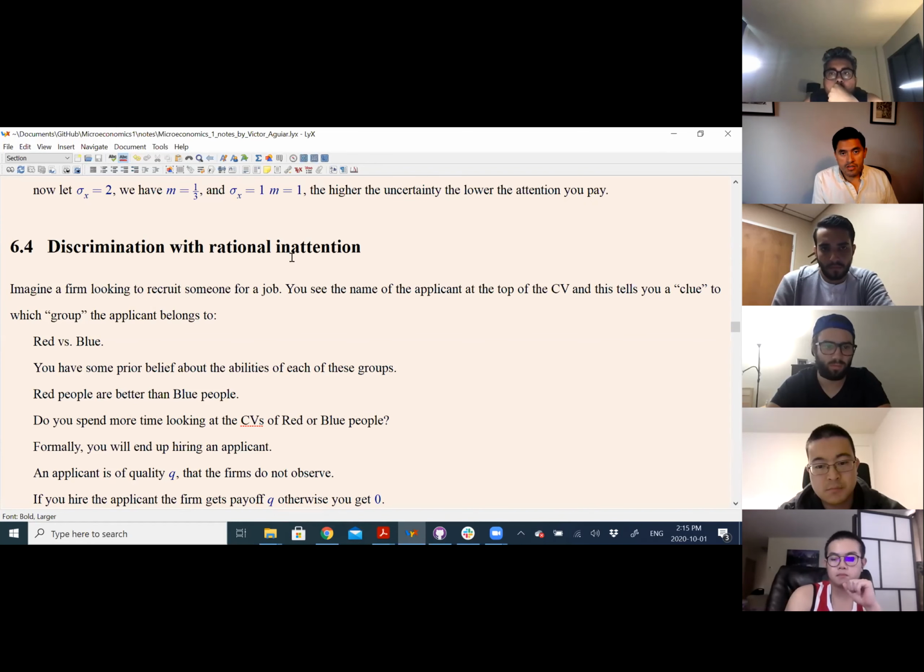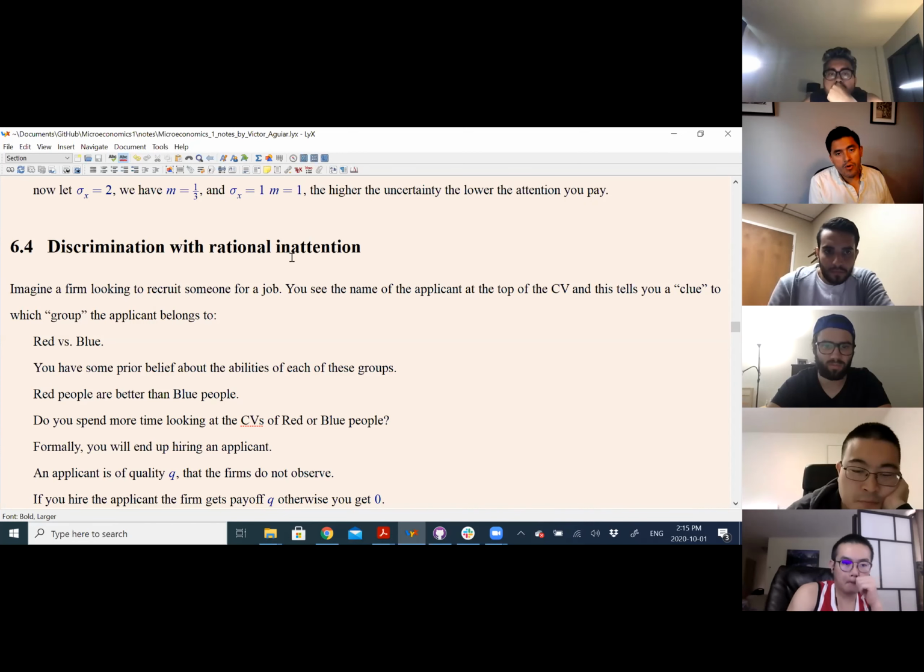But then you're also going to see their CVs, and you may find a signal about them. The true state of the world is the quality of the potential employee. So you have two groups that are observable to the firm, and some prior belief about the abilities of each group.